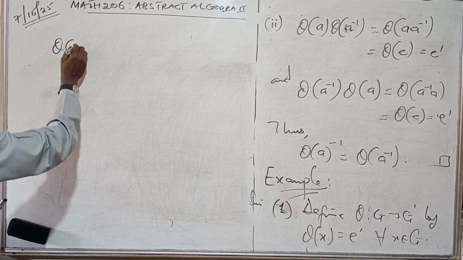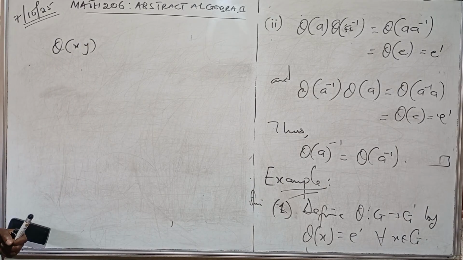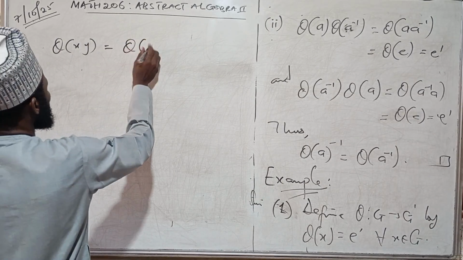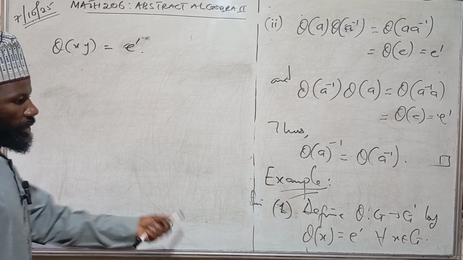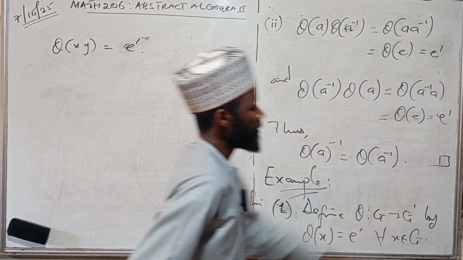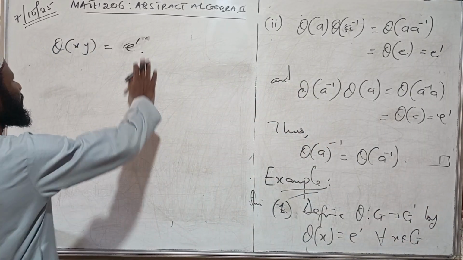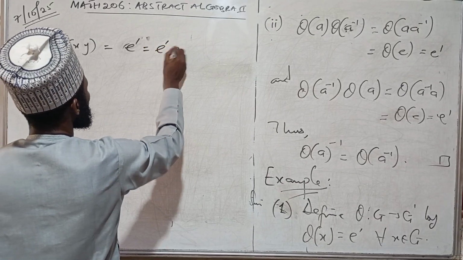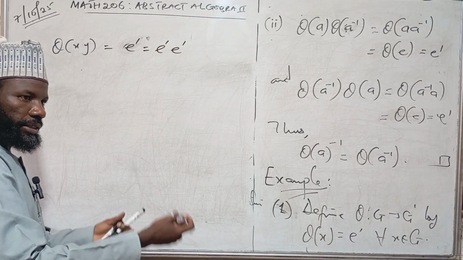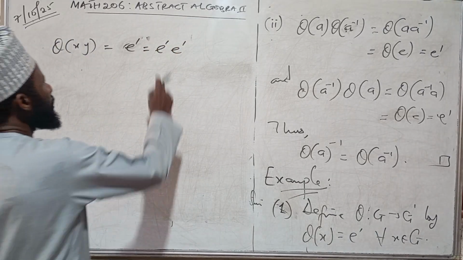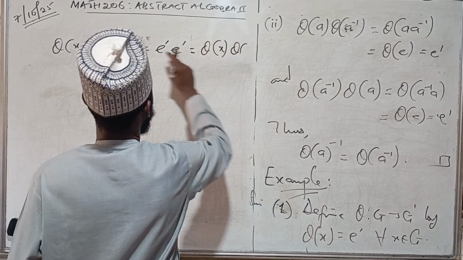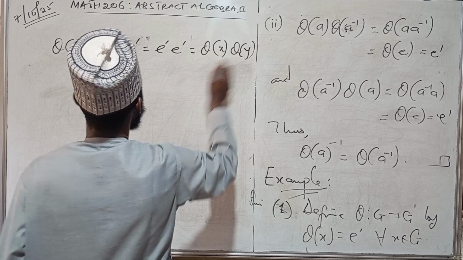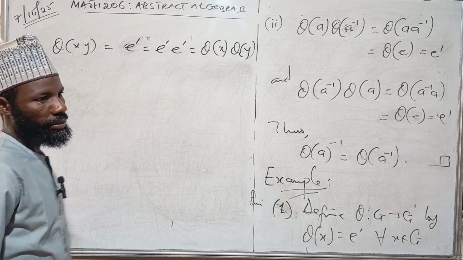Theta of xy is equal to the identity by definition. Every element is mapped to the identity in G prime. But the identity is identity times identity. The first identity you see as the image of x, and the second identity as the image of y. So it preserves the composition.